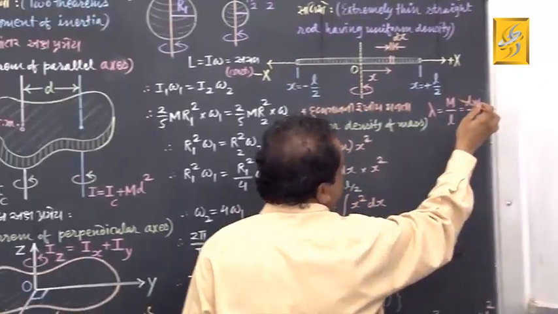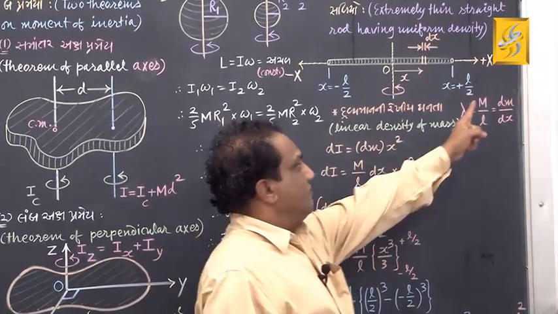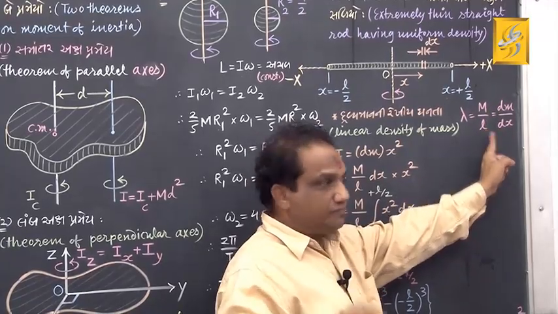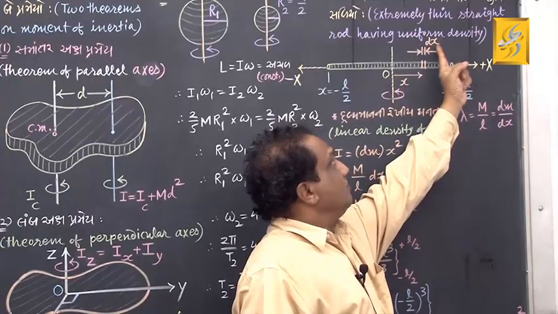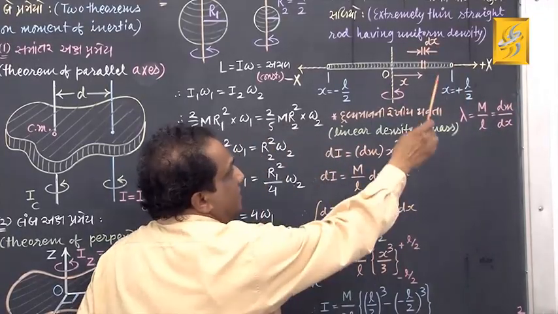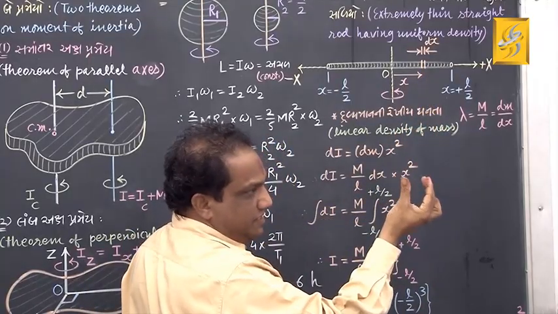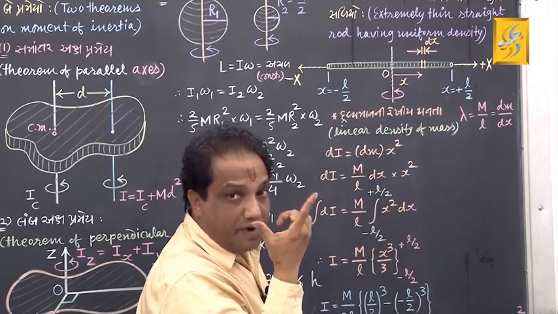Total mass I am taking as capital M, total length I am taking as small l, and whatever mass you write in the numerator, the corresponding length you must write in the denominator. Mass contained in this mass element is say dm, and length of this mass element is dx. Fine. Now take this mass element so small that the mass contained in it can be taken as a single particle.